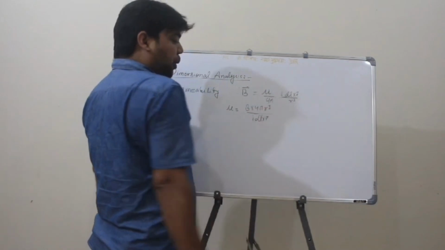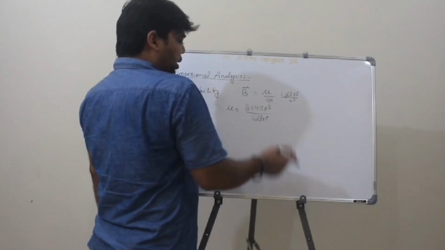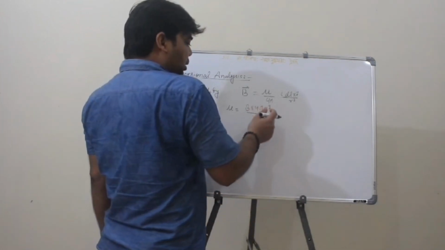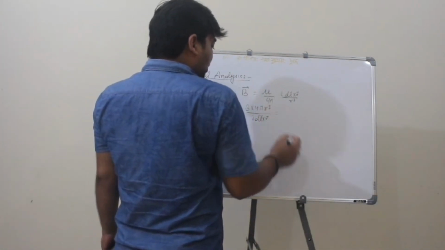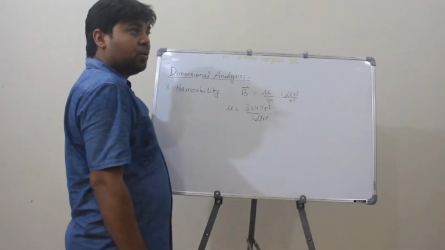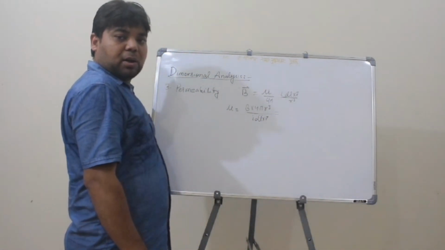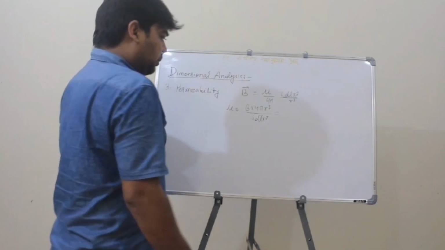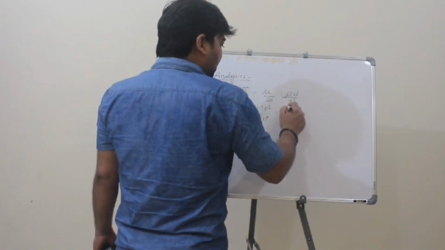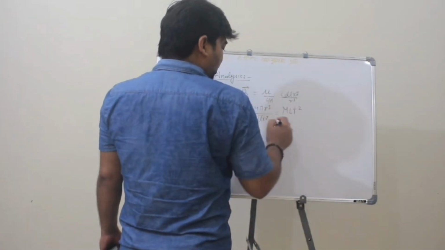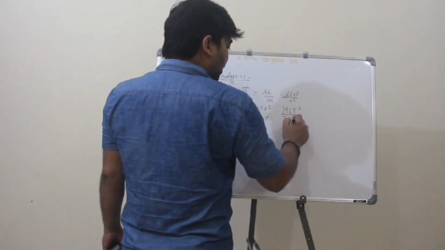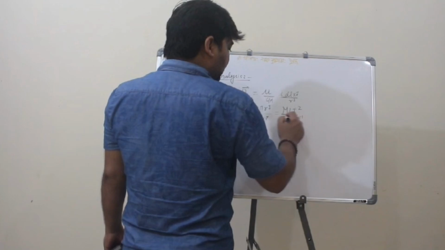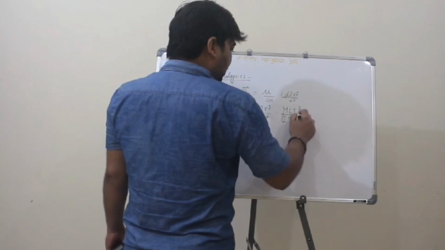Now, pi is a constant, B is the one quantity whose dimensional formula we have already calculated, and r cube. So what is B? B is related to force divided by Q into V. So force is MLT to the power minus 2 divided by IT into LT to the power minus 1, using the Lorentz force law.